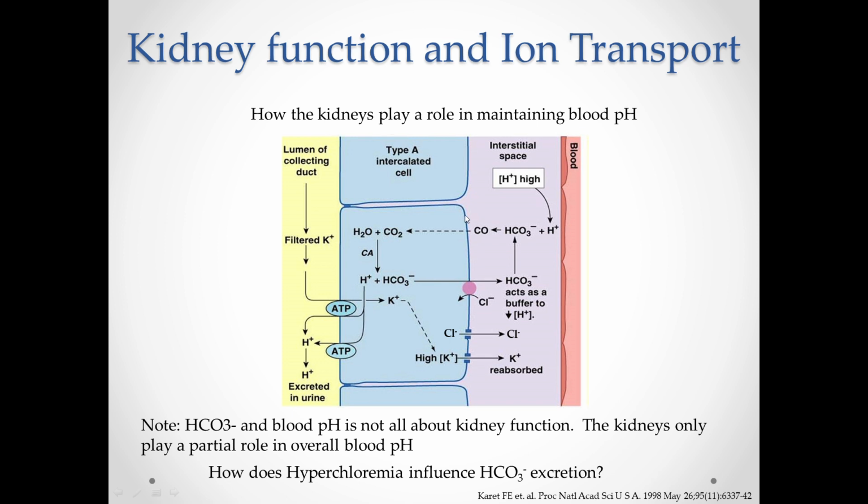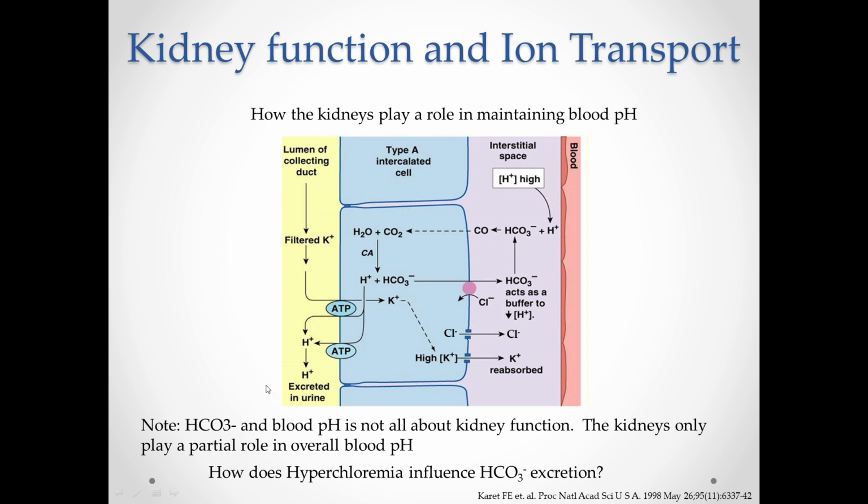Another important regulatory process occurs in the kidneys. If you look at this picture, what I've depicted is a membrane containing type A intercalated cells that are depicted in blue. So here's one cell, here's another cell, and here's another cell.